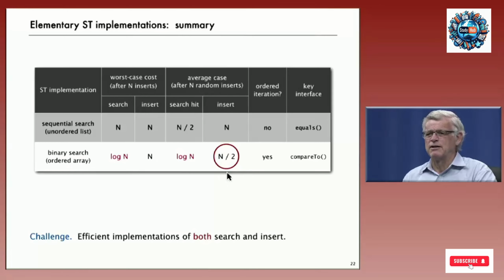It's proportional to n over 2. If you have a huge number of operations and every one of them is proportional to the symbol table size, then you're just not going to be able to support huge numbers of keys. What we want is efficient implementations of both search and insert. Those are elementary implementations. Next we'll look at more advanced ones.